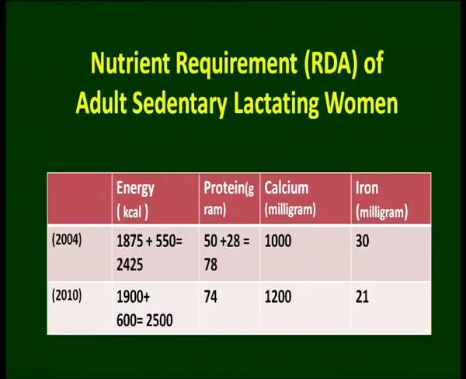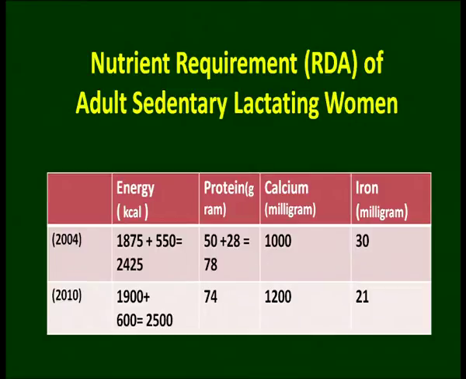As I told you, lactating women are those who are giving mother's milk to their baby. Their energy requirements are much higher than pregnant women, but the iron requirement becomes normal, as for a normal adult woman. Here is an example of a sedentary lactating woman.